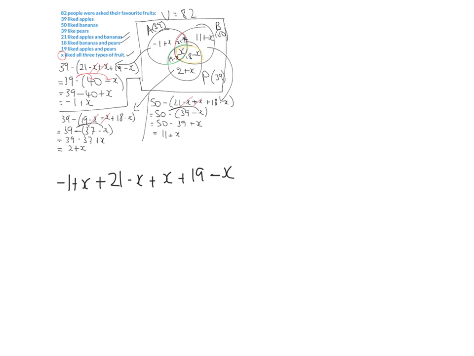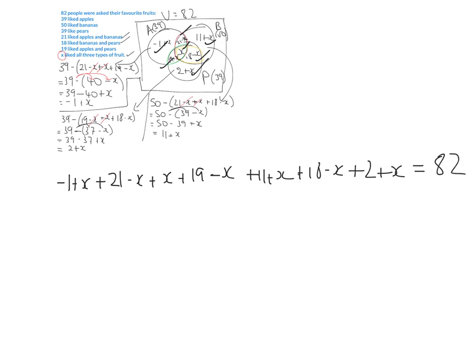So now I need to put in my 11 plus x and my 18 minus x, and then the final part that I haven't included is my 2 plus x. Then I go back and actually tick them all off to make sure I've included them all. So I've got minus 1 plus x, I've got my 21 minus x, I've got my x, and I've got my 19 minus x, then I've got my 11 plus x, my 18 minus x, and 2 plus x, and that should all equal 82.